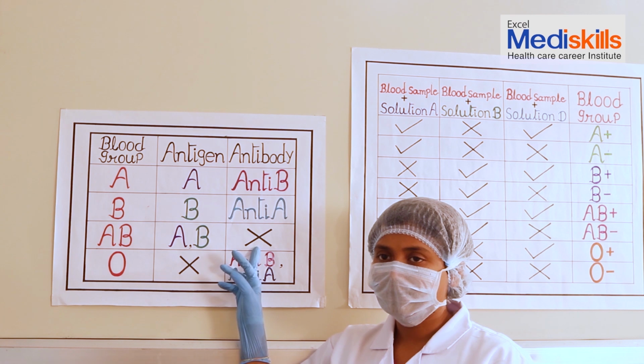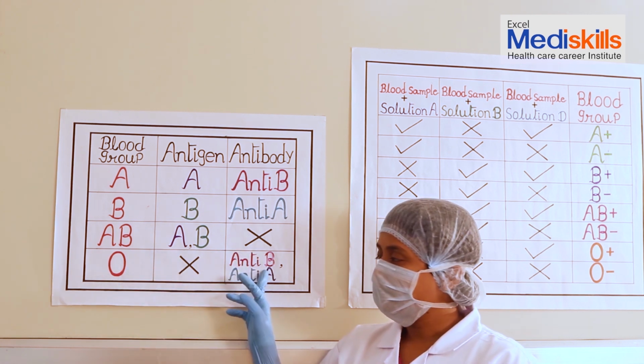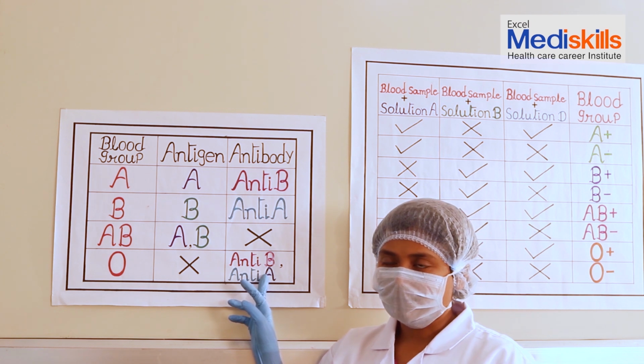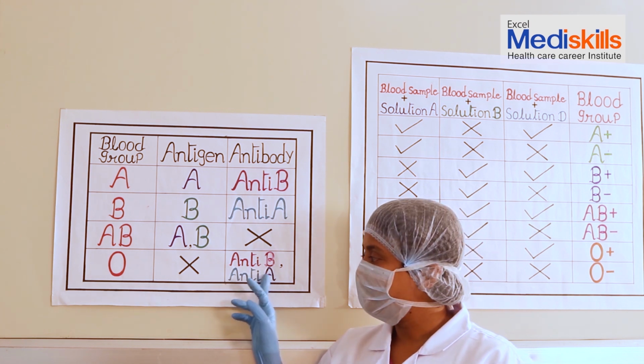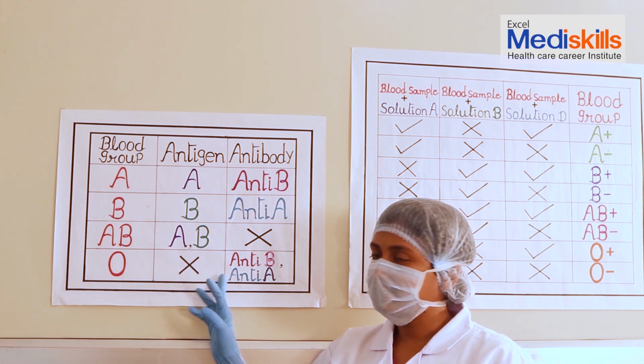Lastly, for O blood group, both the types of antibodies are present, that is both anti-A and anti-B, but no antigen is present.